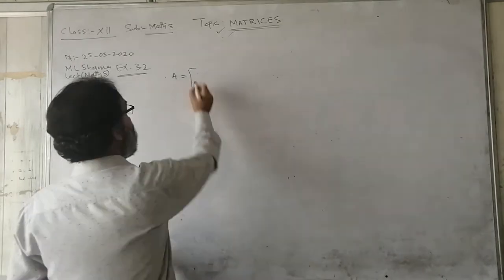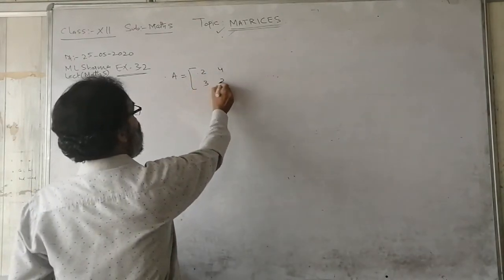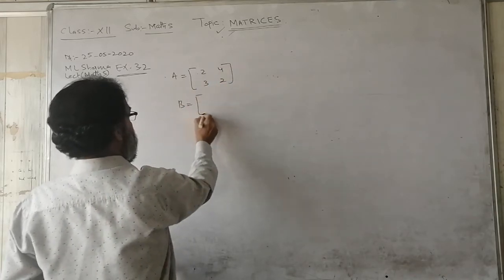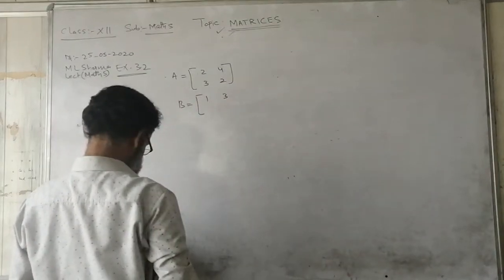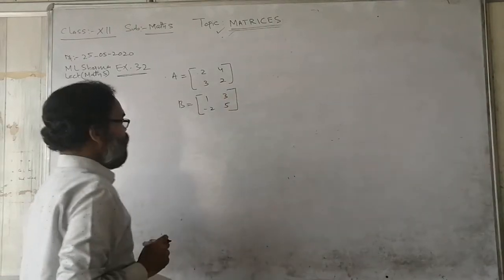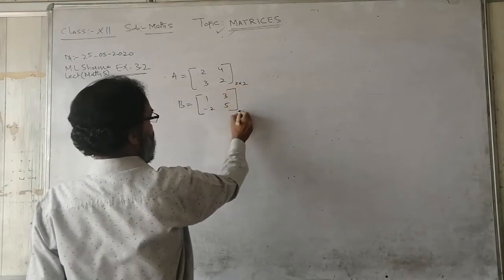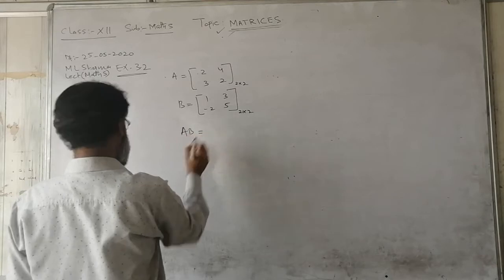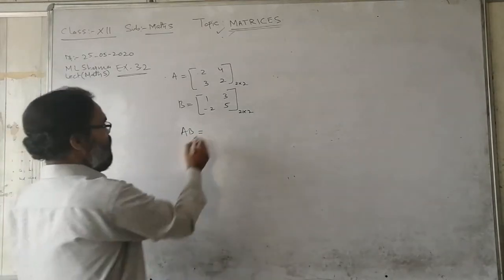Its elements are 2, 4, 3, 2, and this matrix B is given as 1, 3, minus 2, 5. So these two matrices are of the same order, they are 2 by 2. So I have to find the value of AB, that is the product of A and B.